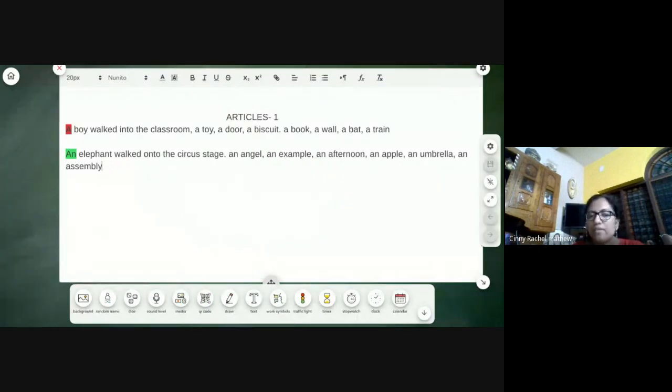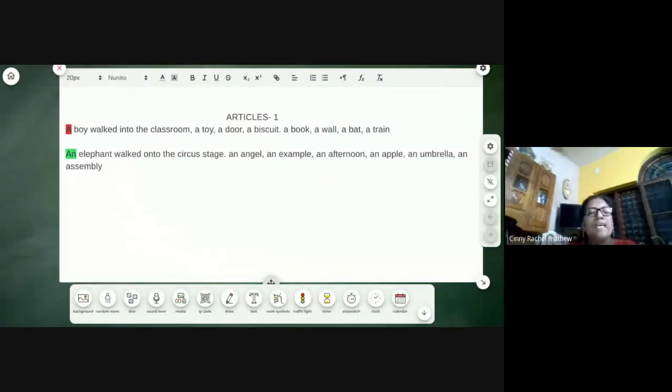So we have two indefinite articles, a and an. A mostly comes before nouns that begin with a consonant sound. And an, the other indefinite article, comes before nouns that begin with a vowel sound.